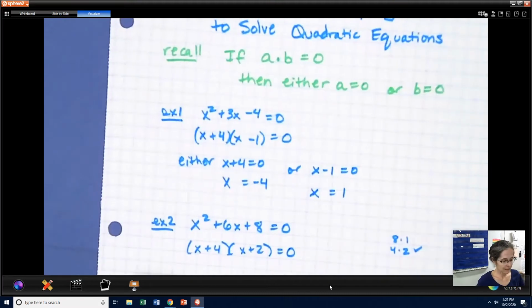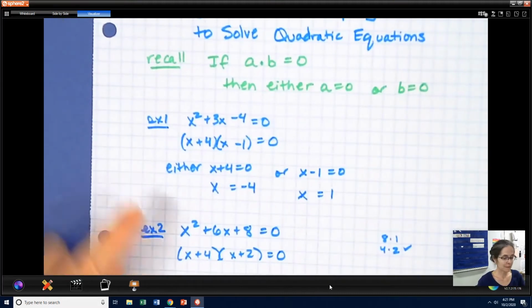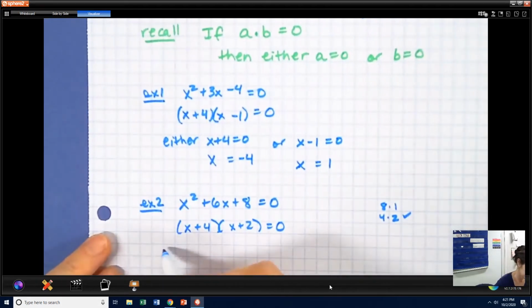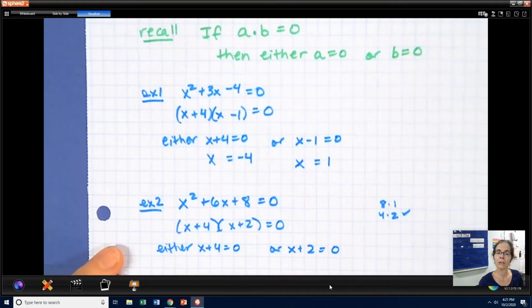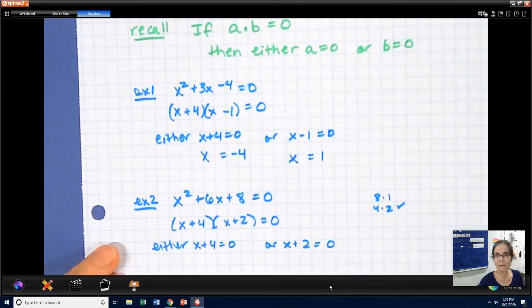And just like in the example above it, I'm going to say either this factor equals 0 or that factor equals 0. And then I'm going to solve each of those one-step equations.